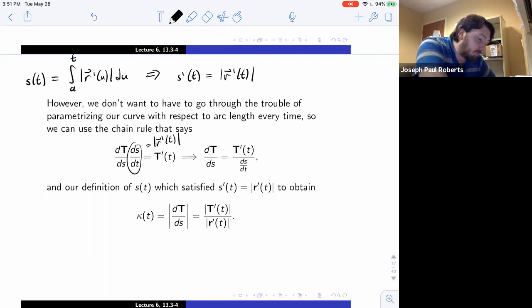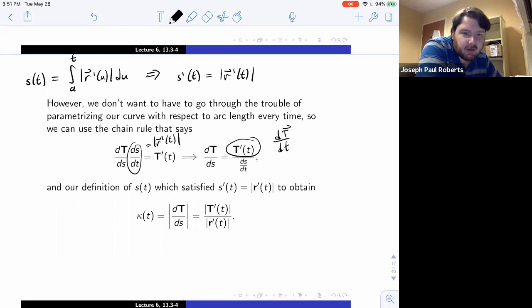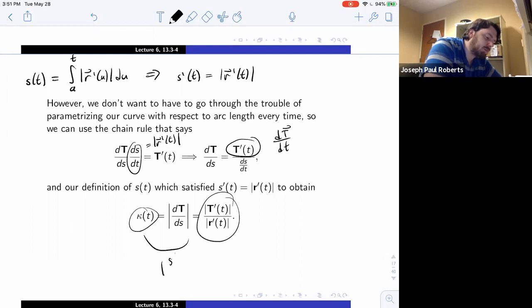So you could solve for dT/ds using the chain rule as dT/dt divided by ds/dt, which we saw is the length of r prime of t. We'll call this the first formula for curvature.